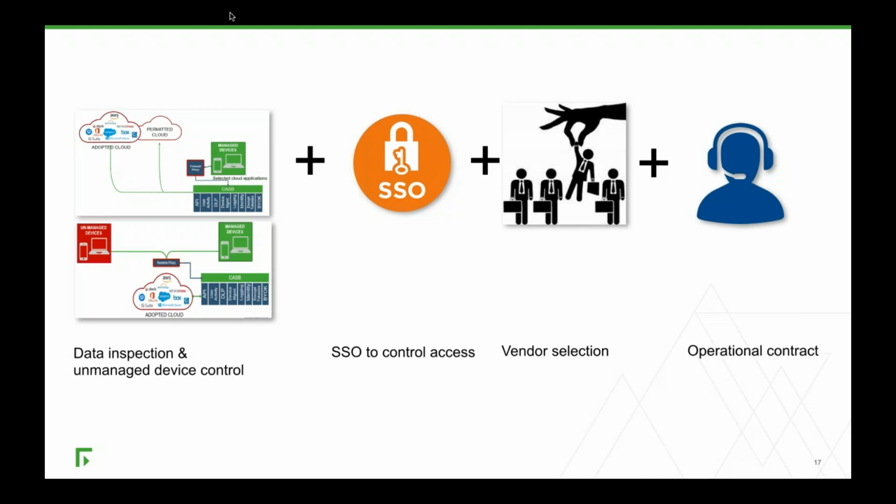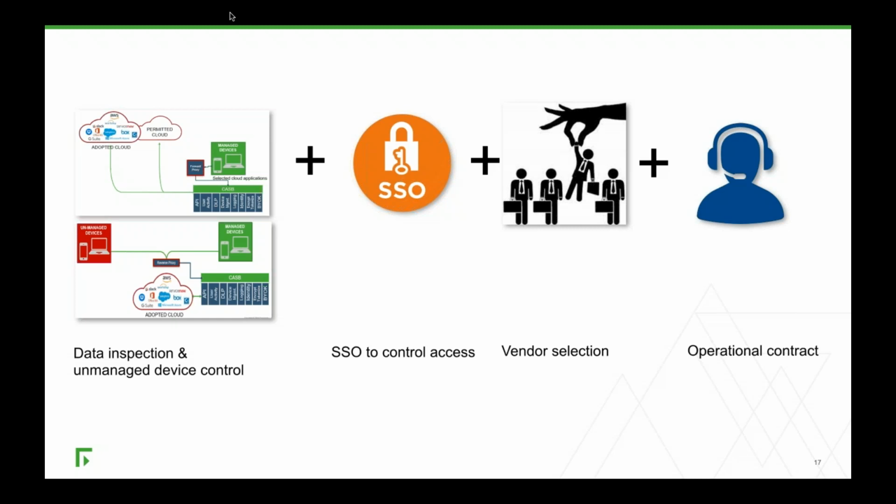Then when the user tries to go to WeTransfer for their company sanctioned account, it's going to redirect to a reverse proxy environment where we can control unsanctioned devices. So we can say, look, WeTransfer could be full access from a managed device, but you only get read access or upload access from an unmanaged device or from a third-party device. There's lots of variations there.